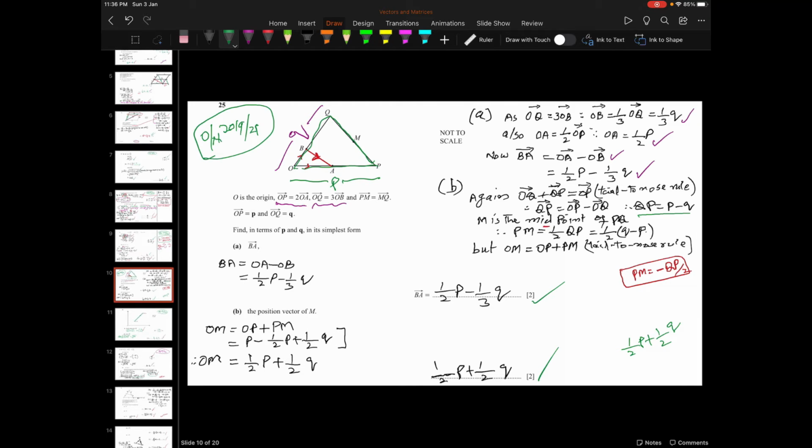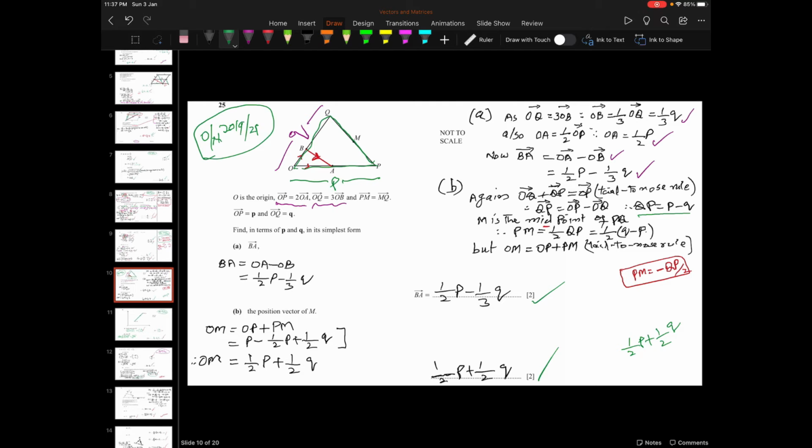Since M is the midpoint of PQ, so PM is equal to negative half QP, which is equal to half Q minus P. How we get the negative sign? Because the direction has been changed.